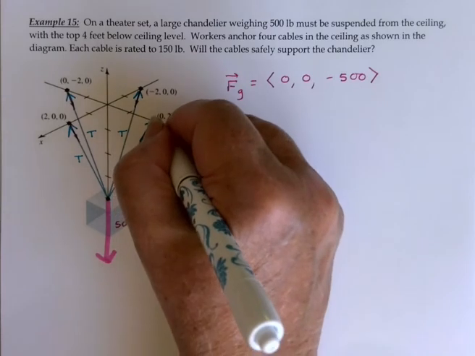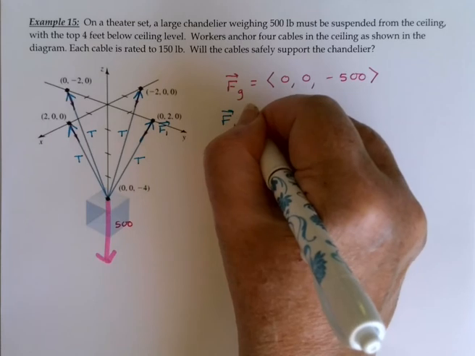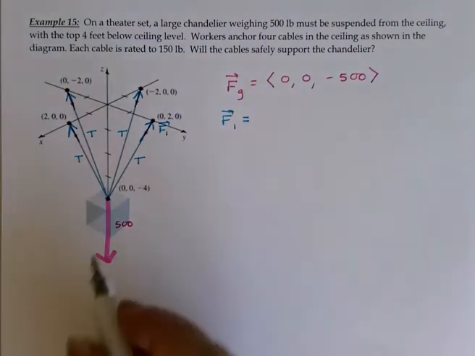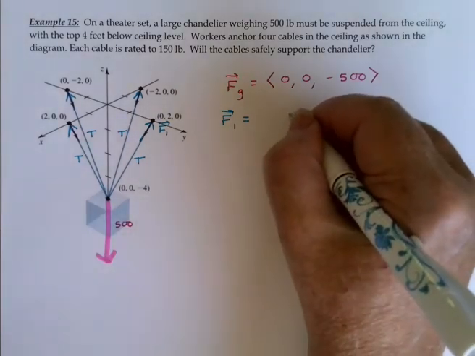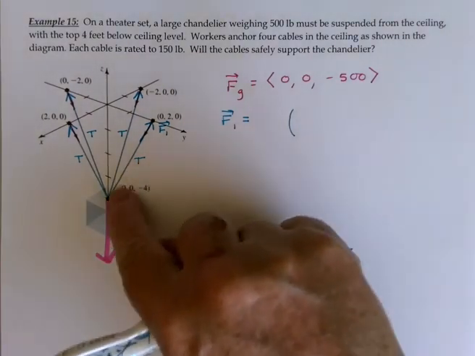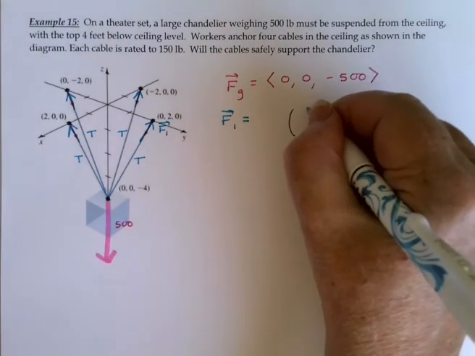So let's call this one F1. I'm going to first of all say let's get a unit vector in the correct direction, and then we'll multiply it by the tension. So my unit vector, I'll take this actual vector, which I can get just taking terminal minus initial.